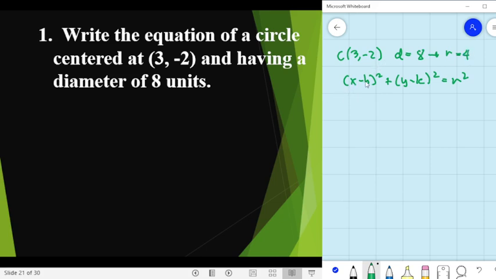So replacing now the h, the k, and the r, we can now have (x - 3)^2 + (y - (-2))^2 = 4^2.